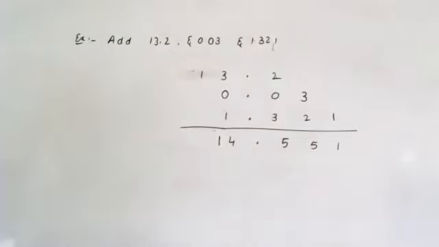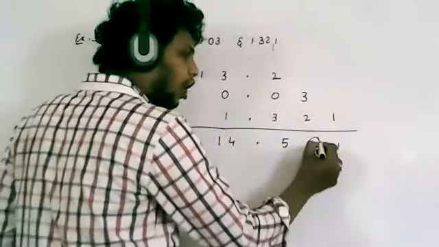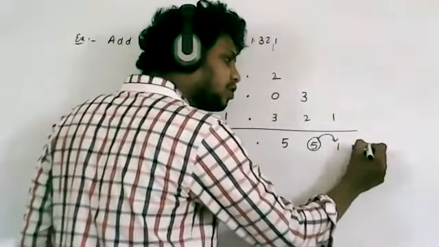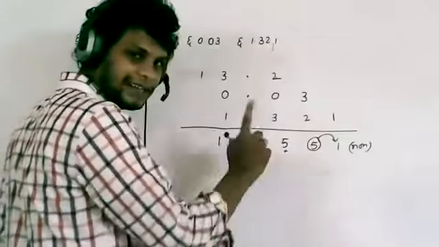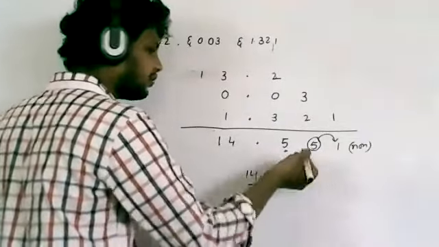Use the rounding of digits concept. Drop the digit 5, followed by a number which is non-zero. Therefore, you have to raise this one by 1. Therefore, you can take this as 14.6. That's it. This is the answer.